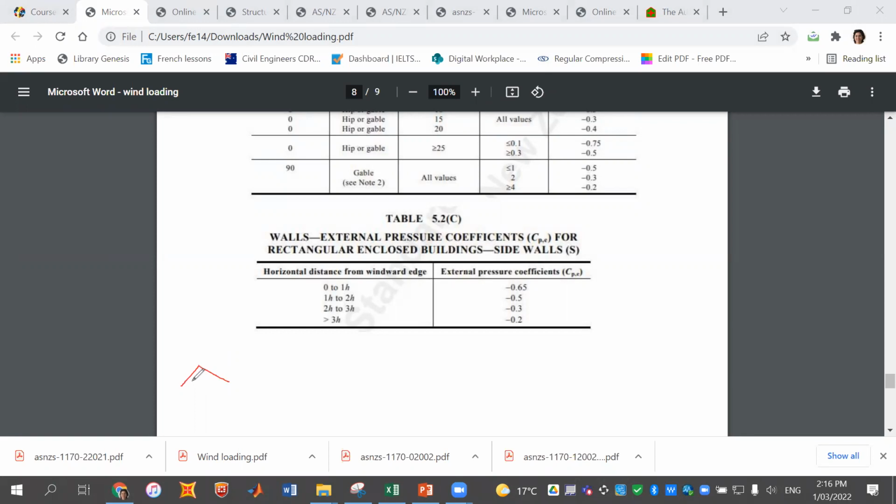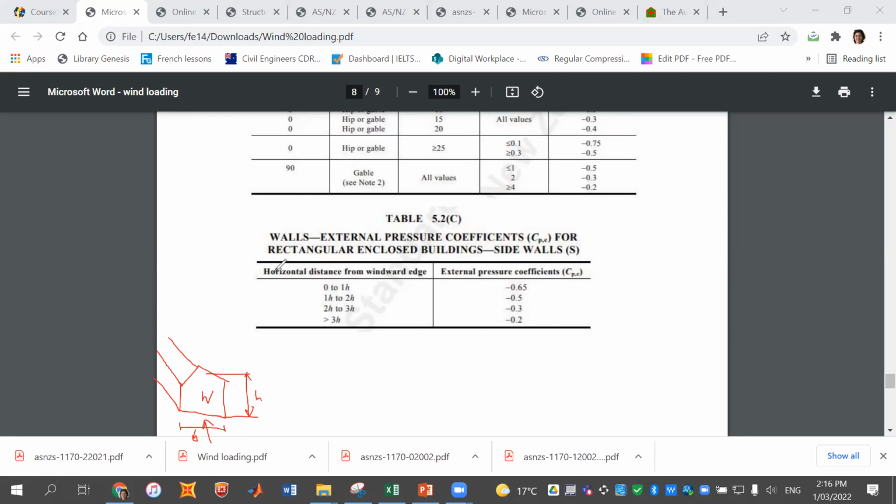So if you consider here is your building, here is the height from the middle of the roof to the ground, which is H, and the width of your building is B. If we consider this is the direction of the wind, it is a windward wall.